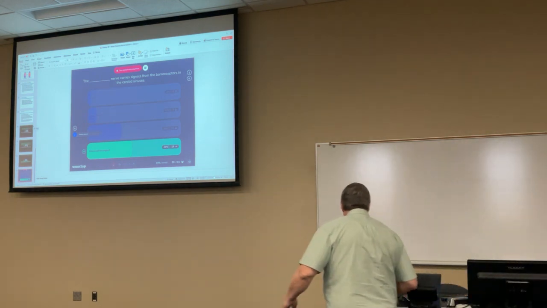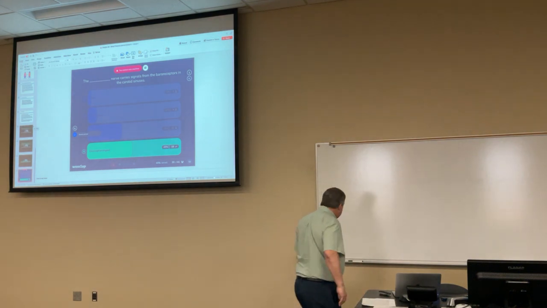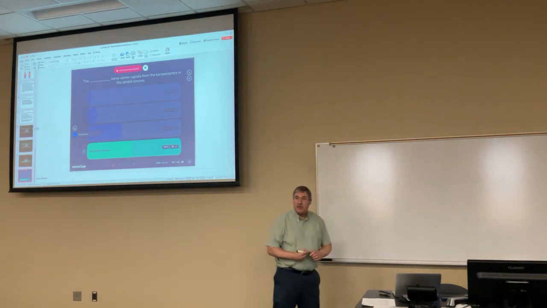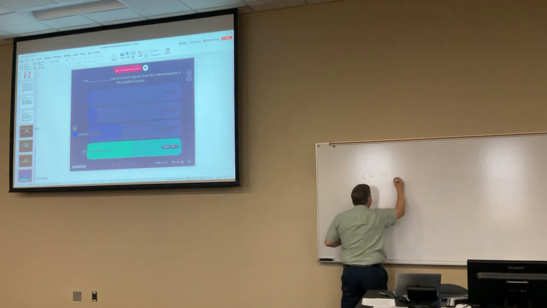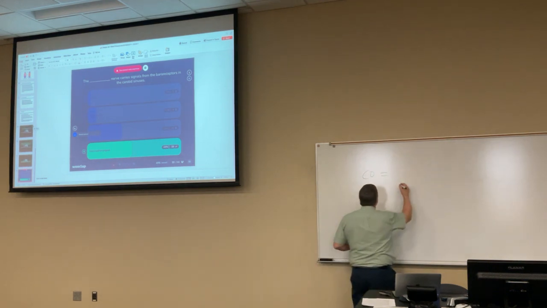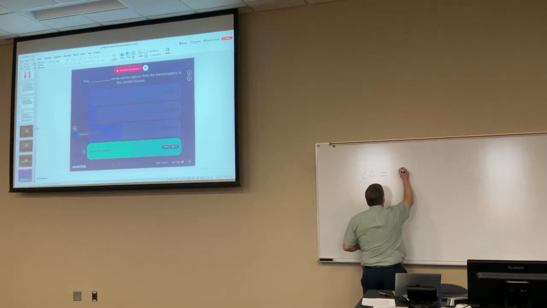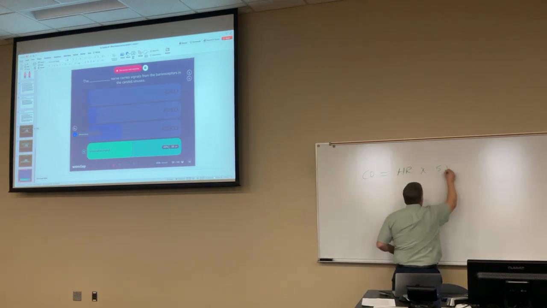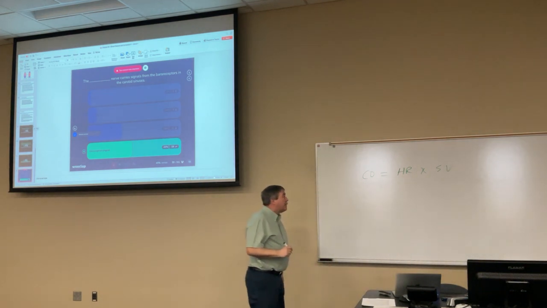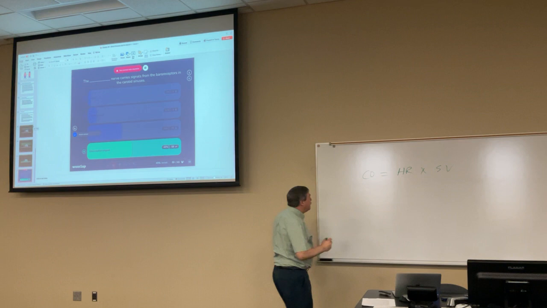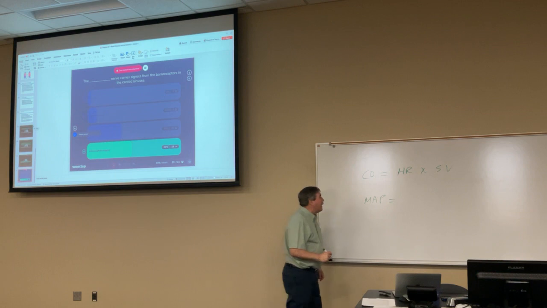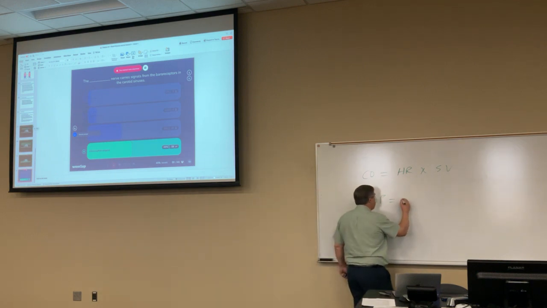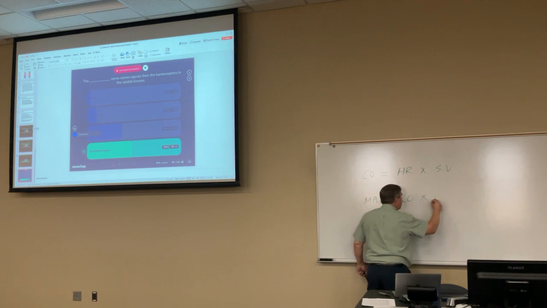And then there are 2 mathematical relationships that are important to remember. Cardiac output is determined by heart rate times stroke volume. And then mean arterial pressure is determined by cardiac output times peripheral resistance.